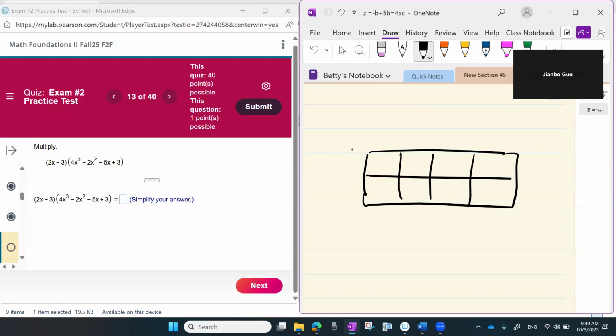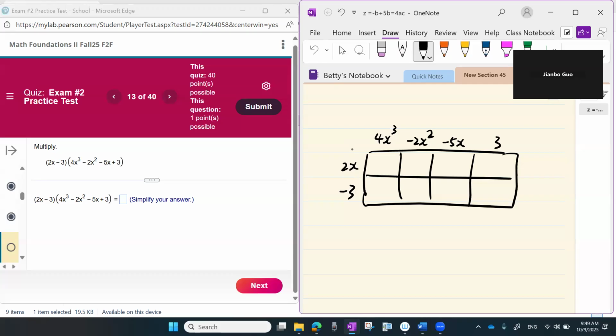So I'm going to write the binomial on the side, 2x minus 3. And I'm going to write the second polynomial on the top, 4x cubed, minus 2x squared, minus 5x, positive 3. And then we're going to multiply and fill in the boxes.